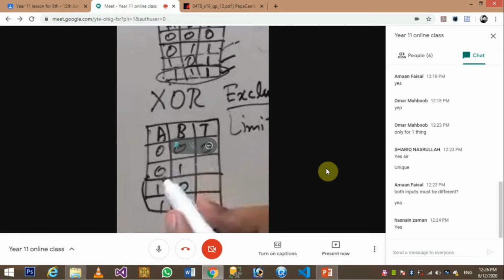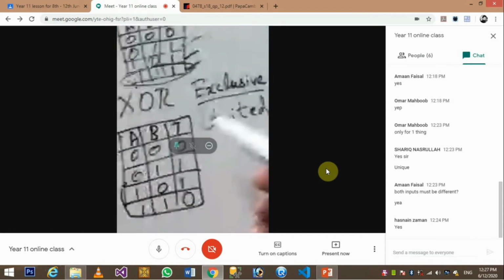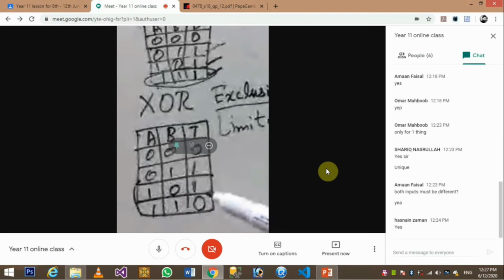In OR gate, 0 1 is 1, 1 0 is 1. In OR gate that should be 1, but in XOR gate that should be 0, because this gate is exclusively for OR. It's not including any property of any other gate, right?